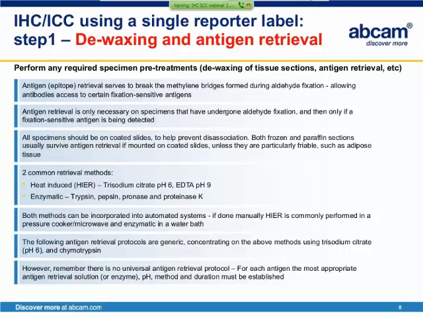The other is enzymatic, which involves the use of a suitable enzyme solution, such as trypsin, pepsin, pronase, or proteinase K. Both methods can be incorporated into automated systems, either as part of an immunostaining platform or a standalone antigen retrieval vessel, but if done manually, heat-induced antigen retrieval is commonly performed in a pressure cooker or microwave, and enzymatic in a water bath. The following antigen retrieval protocols are generic, concentrating on the above methods using trisodium citrate at pH 6 for heat-induced antigen retrieval and chymotrypsin for enzymatic.